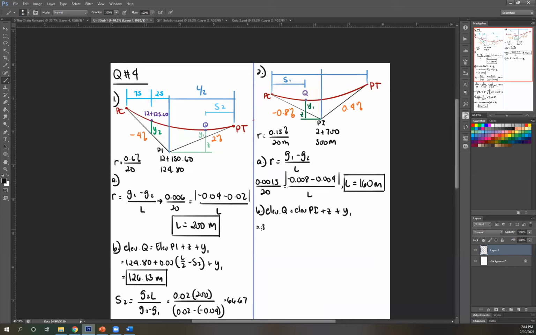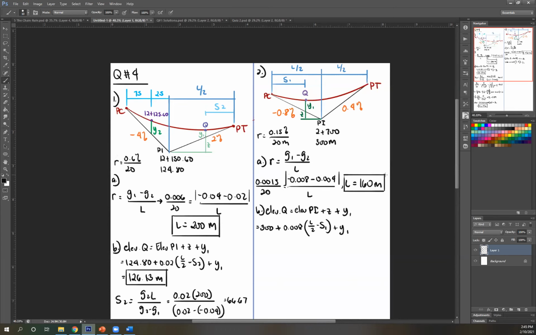So elevation PI, that's just 300 plus Z. Again, to get Z, that's just grade times run. So the grade here is negative 0.8%, so that's just 0.008 times run. So I want to know this length. And that length is actually, remember, from PC to PI, that's your L over 2. This is also L over 2. So this, your run, is L over 2 minus S1 plus Y1.